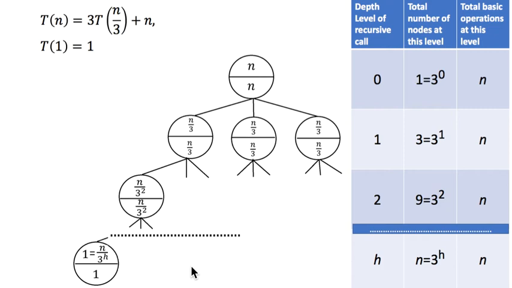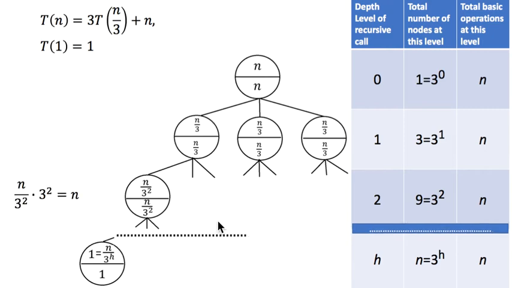Next, we would like to count the total number of basic operations performed at each level. At level 0, we have n operations. At level 1, each node has n over 3 operations, and because there are 3 nodes at level 1, we multiply n over 3 by 3, which gives us n total basic operations at this level.